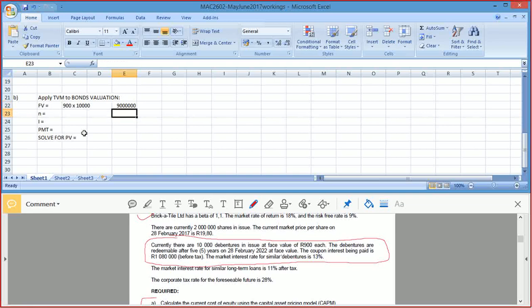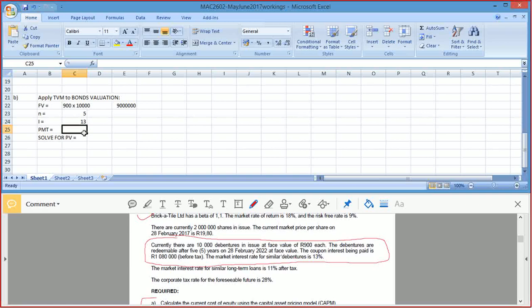Then they tell us that the debentures are redeemable after 5 years, so N is 5. I is not the coupon rate, it's the market interest rate of 13%. The coupon interest is being paid before tax. Well, they wanted the value of the debentures, so tax wouldn't be applicable here.